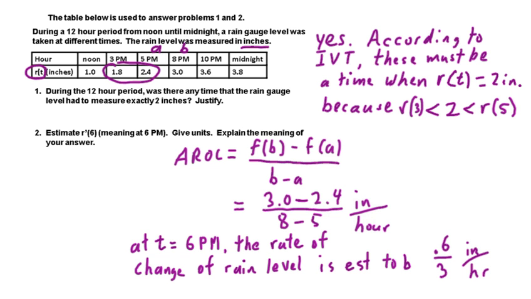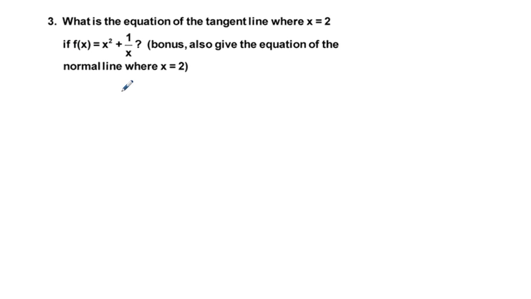Okay, next. What is the equation of the tangent line where x equals 2, if f of x equals x squared plus 1 over x? Bonus, also give the equation of the normal line where x equals 2. Well, we need to have two things for this.